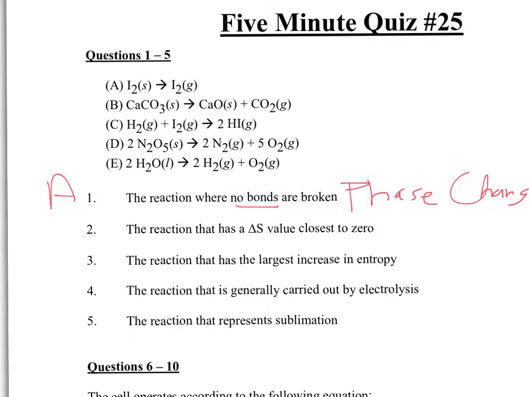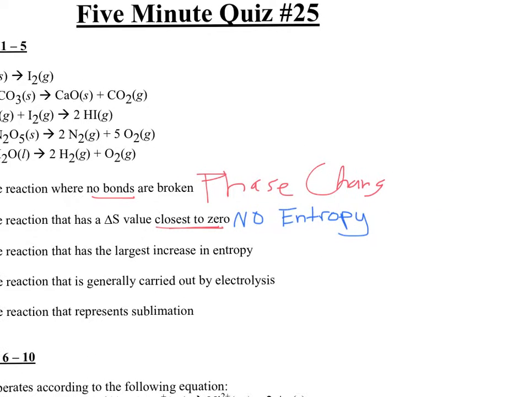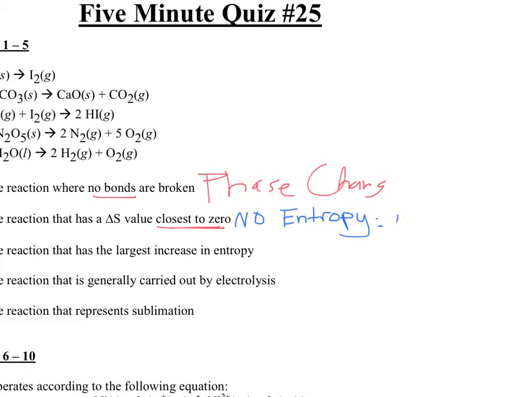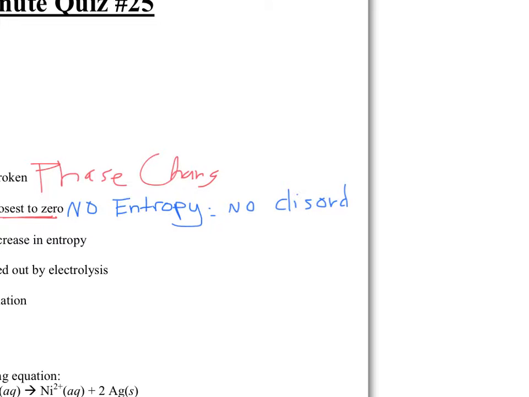The reaction that has a delta S value closest to 0, which means what is occurring? No entropy change, which means the disorder is staying roughly the same, right? So really, we have no disorder change. Sorry, I keep sliding this over. No disorder change.